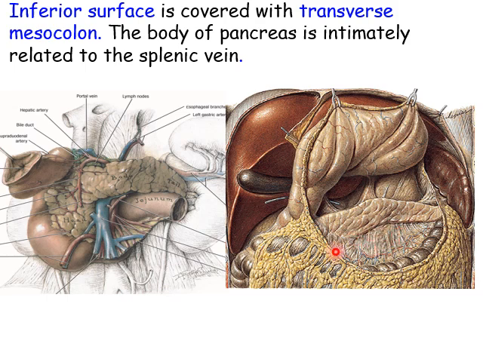And the body of the pancreas is intimately related to the splenic vein. The splenic vessels drain here. The venous drainage is from the splenic vein, and the blood supply is from the splenic artery. This is the spleen.